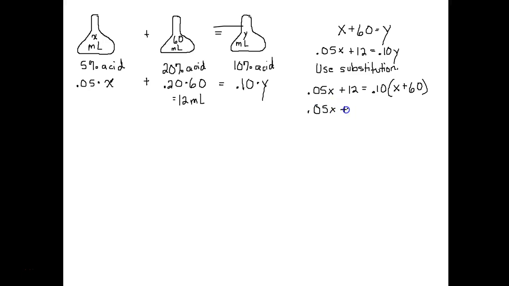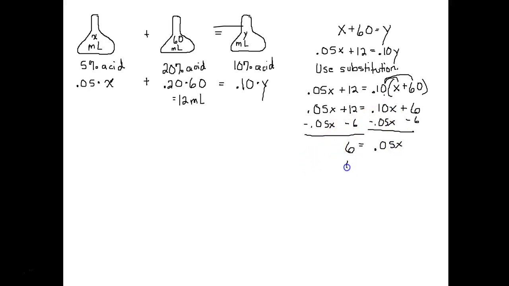0.05x plus 12 equals, I'm going to distribute the 0.10, 0.10x plus, and 0.10 times 60 will give you 6. Subtract 6 from both sides. Subtract 0.05x from both sides. So I get 6 equals 0.05x.